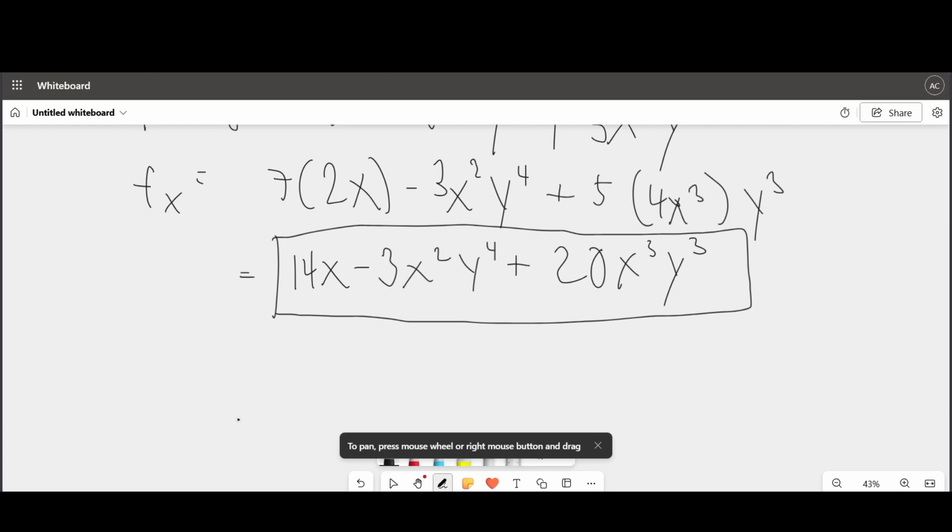Okay. So I believe this is going to be the answer for f of x and y with respect to x. This is the partial derivative for this equation.